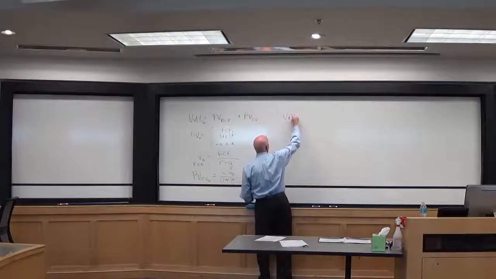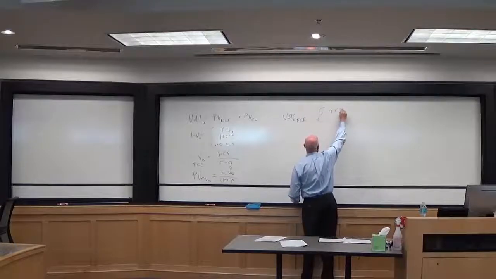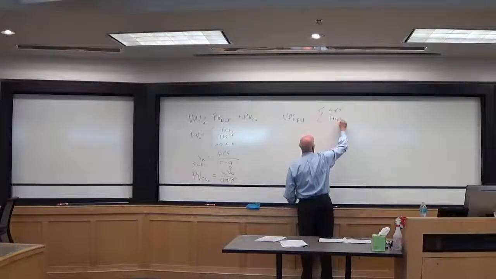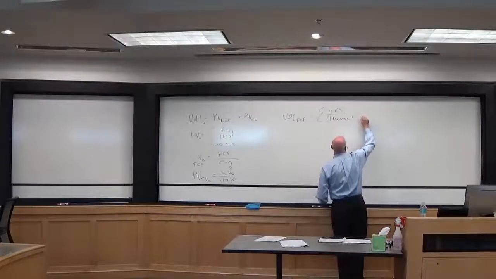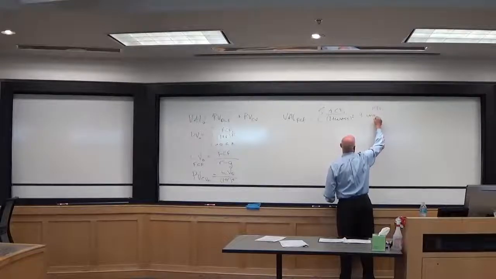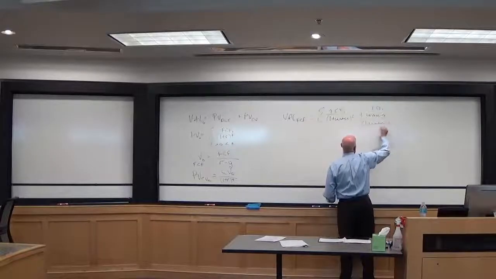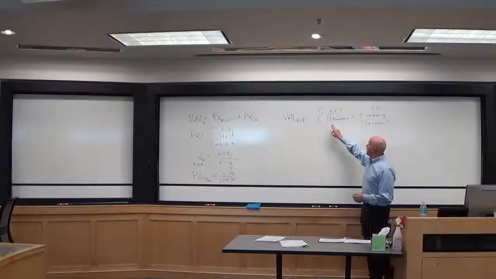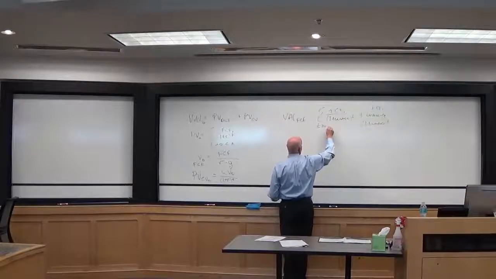So value using the free cash flow model is equal to the sum of free cash flows at times I divided by 1 plus, and I'll now call it WACC, to the t, plus free cash flow at time 1 divided by WACC minus G divided by 1 plus WACC to the t, in which t for the first equation is greater than 0 and less than, or greater than 0 and or equal to n.